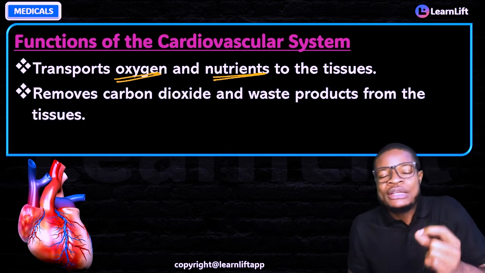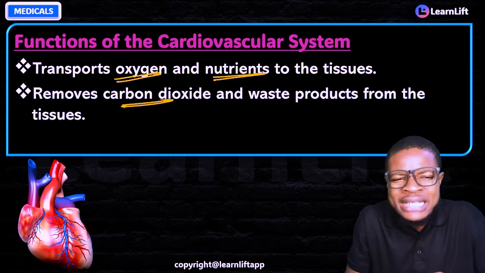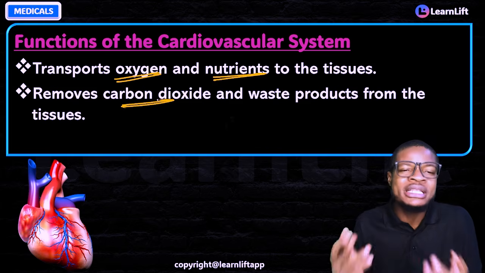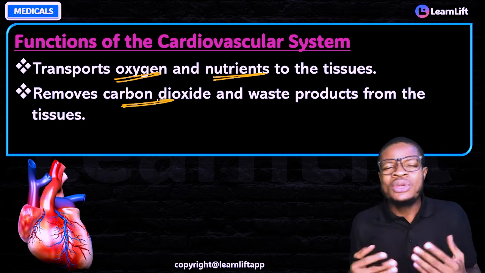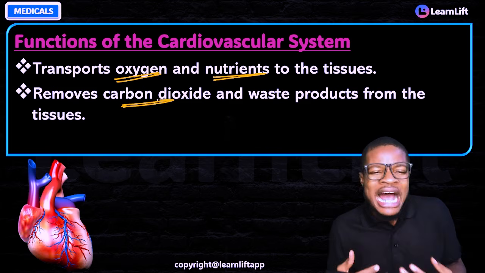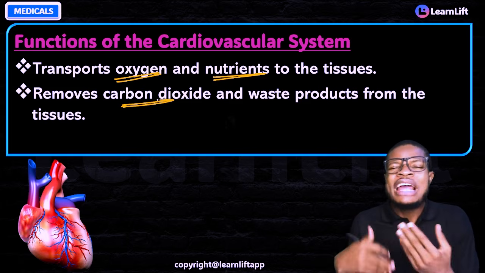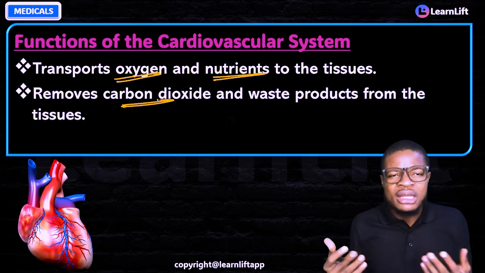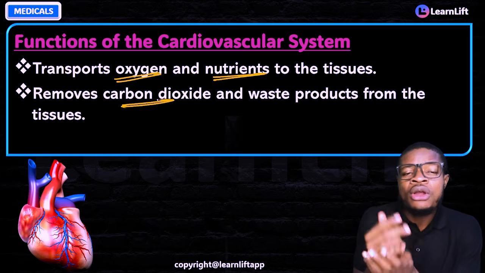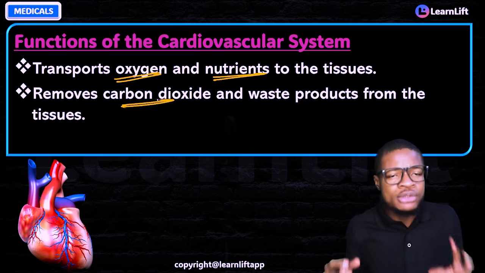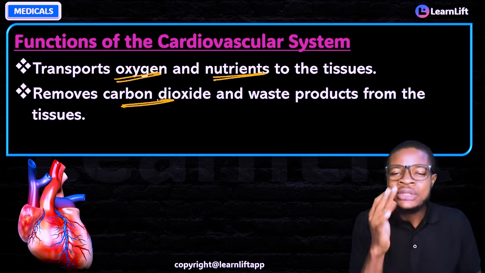Number 2, the cardiovascular system removes waste like carbon dioxide and other waste products from the tissues of the body. Aside from removing carbon dioxide from the lungs, it also removes urea from the kidney. So the cardiovascular system has a lot of functions that it carries out, but it has to collaborate with other systems of the body in order to carry out these functions.